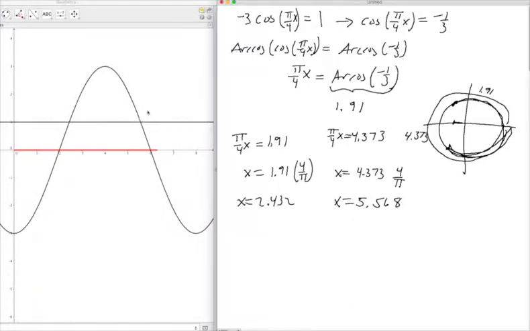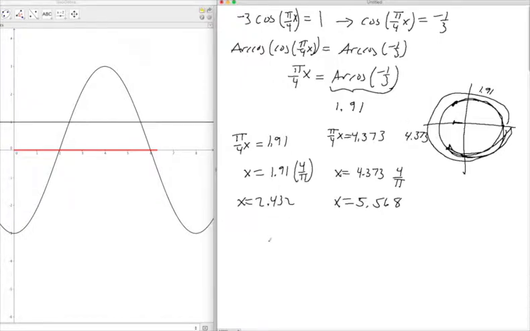And if I went here and added the period, I'd get another solution. If I went here and subtracted the period, I would get a solution. If I went here and subtracted a period, I would get a solution. So again, I know it's obvious in this case, but I think it's good to show why the other solutions are out of range.